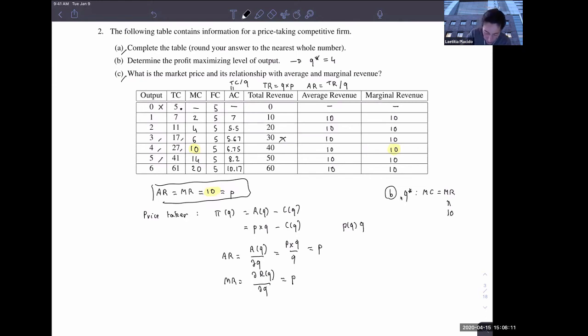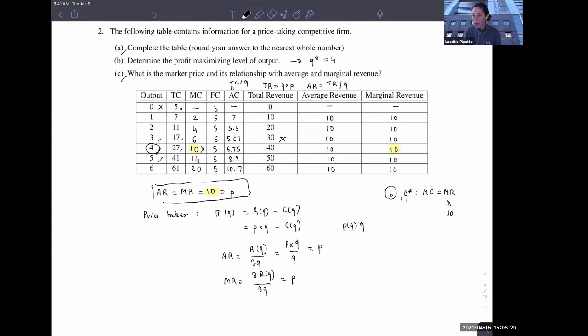So you're going to look in the marginal cost column here where the marginal cost is equal to 10. It happens here. And so you just need to read what is the level of output for that marginal cost.